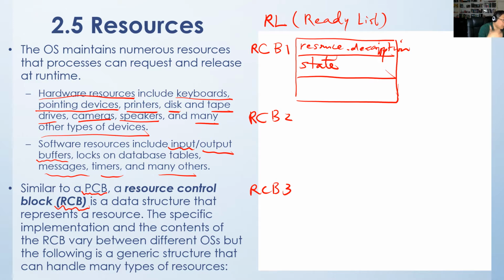If you have 2 instances, then it allows 2 processes to use it simultaneously. That means if the resource has 2 instances and one instance is used by a process, then it's still available, because it still allows another process to use it. And then there's a waiting list.